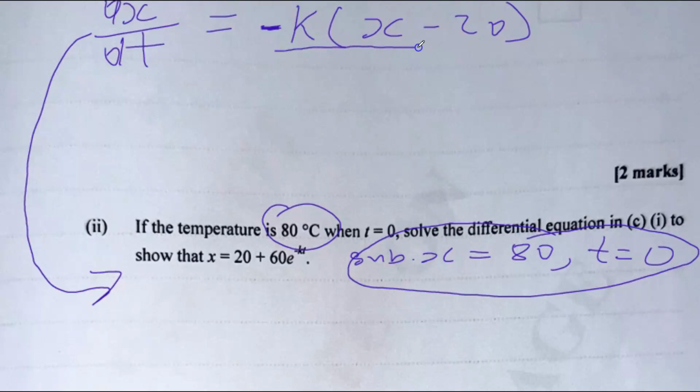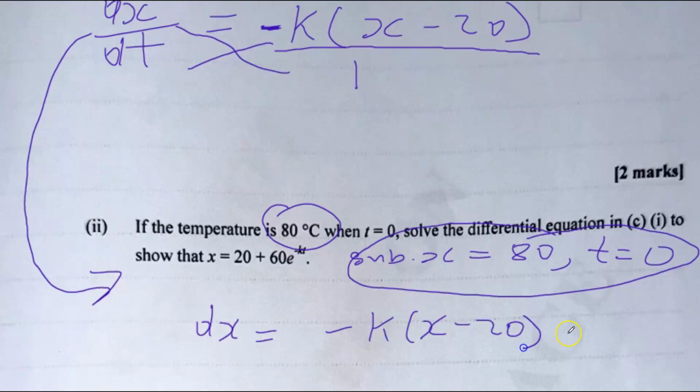So if I put this over 1 and cross multiply, I get dx equal to negative k times x minus 20 times dt.